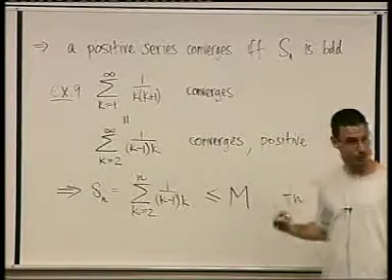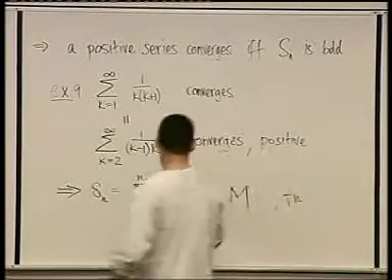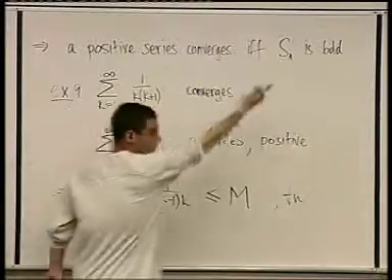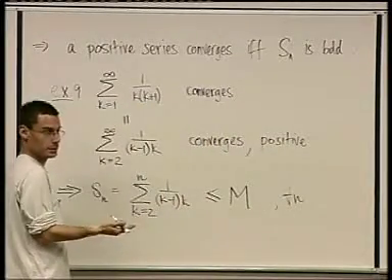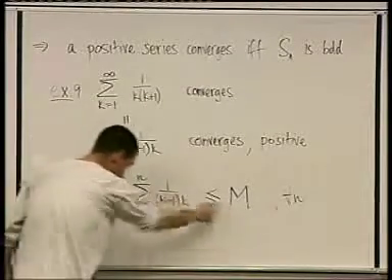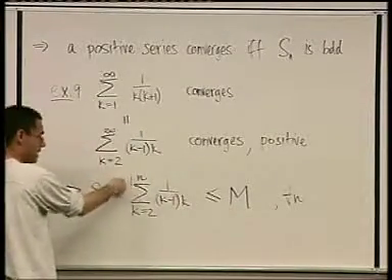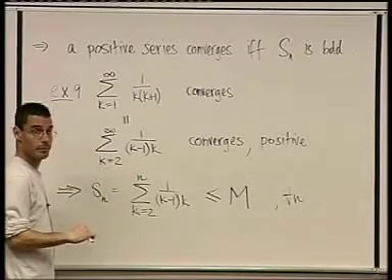Where did the marker come from? My hand. No. What does it mean that a sequence is bounded? It means there's an upper bound. That's the M. But this is true no matter what n is. 5, 17, 1 million, same M. It's a bounded sequence.